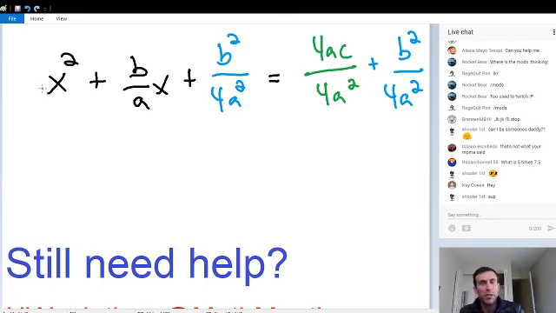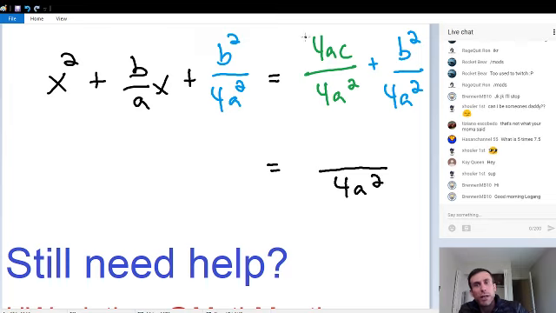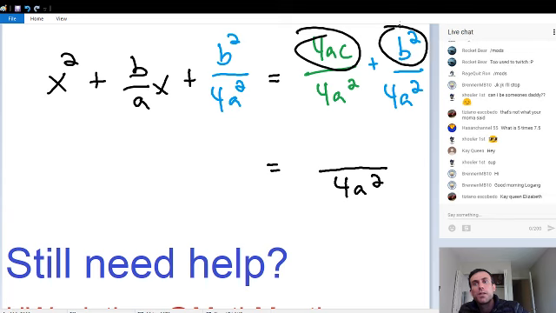Now I'm running out of space here, so hopefully we can finish this soon. On the right-hand side, notice how we have common denominators now, 4a squared. Since we have common denominators, in the denominator we're going to have 4a squared, and in the numerator we have 4ac plus b squared.